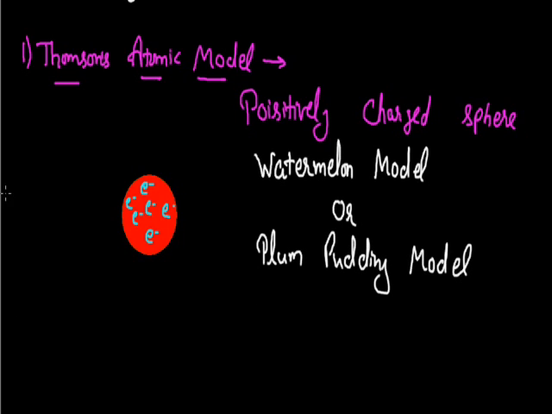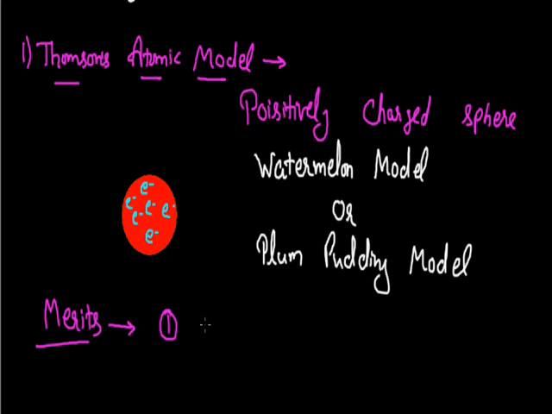Now, if we count the merits and the demerits of Thomson's atomic model, this was the first proposed atomic model, and that is the major merit of this model. Another one is that, according to Thomson, we can explain the electrical neutrality of an atom. At first sight, we might think that the protons, which are positively charged and form the positively charged sphere, should be greater in number than the electrons.